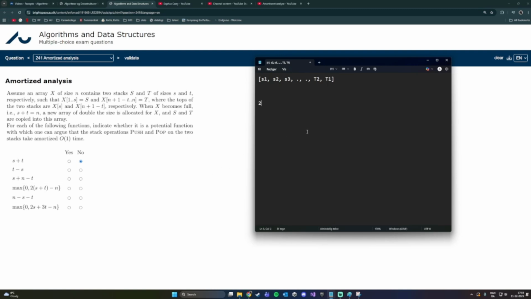If we look at 2 times s plus t minus n, that's interesting, because now when n becomes 2n, let's say we're at this critical point where s plus t equals n, right? That means we have n amount of potential, because s plus t is n.